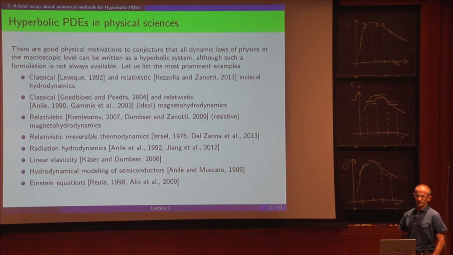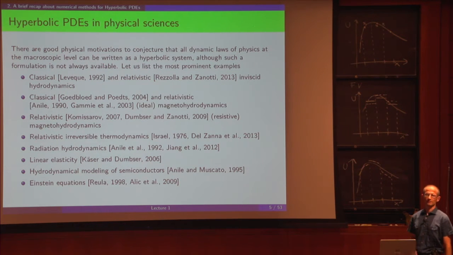Radiation hydrodynamics, of course, is another example. You will have a lecture on this, and it's an extremely interesting field of astrophysics. Outside astrophysics, I can mention linear elasticity problems, hydrodynamical modeling of semiconductors, all systems that can be written as a hyperbolic system of PDEs.